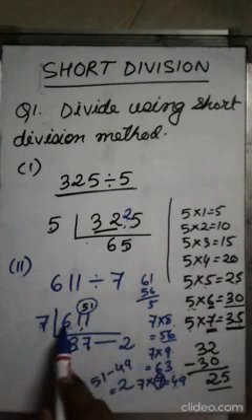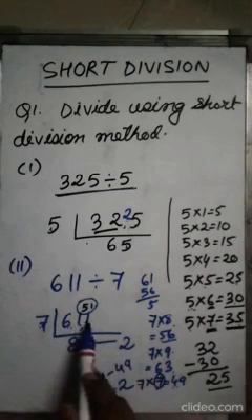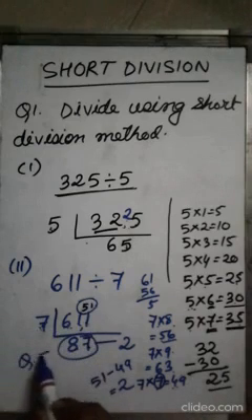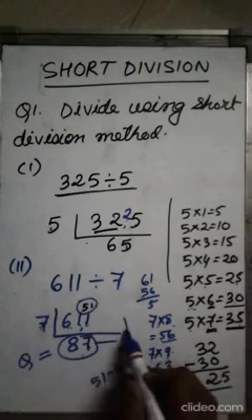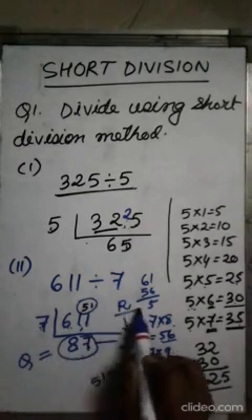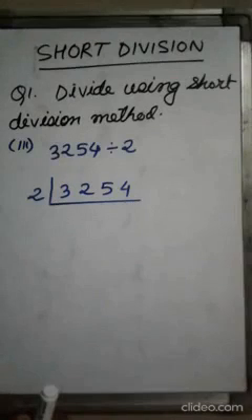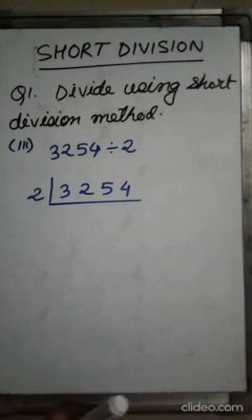If we divide 611 by 7, the quotient is 87 and the remainder is 2. We'll solve another problem for your better understanding: 3254 divided by 2 using short division.